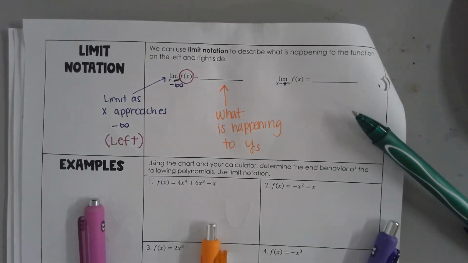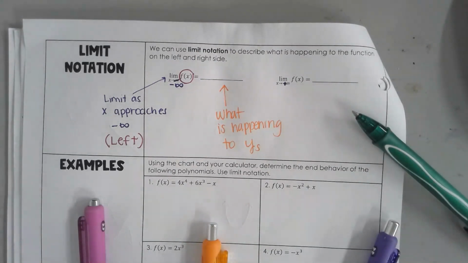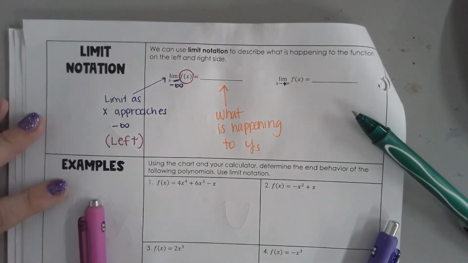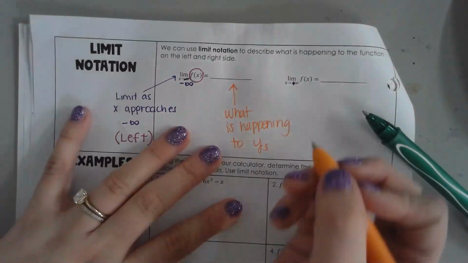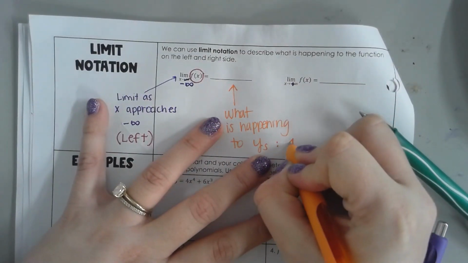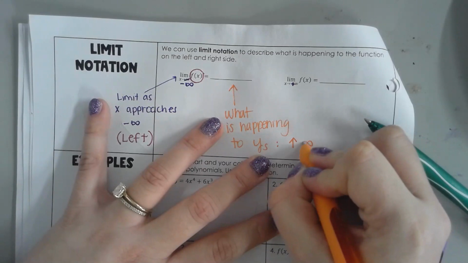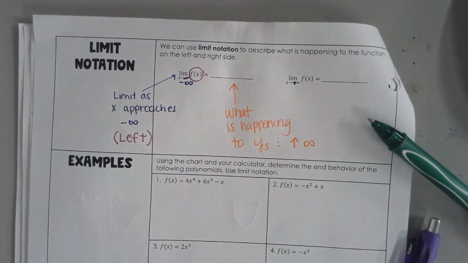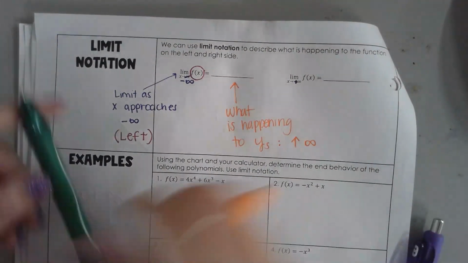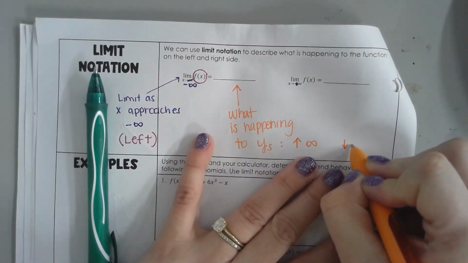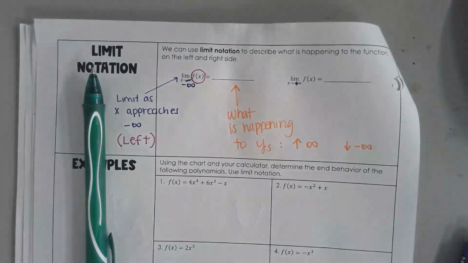I'm going to show you a couple of ways that you could figure this out when we get down to some real examples. If your arrow points up, you're going to write positive infinity there. If your arrow points down, you're going to write negative infinity there.